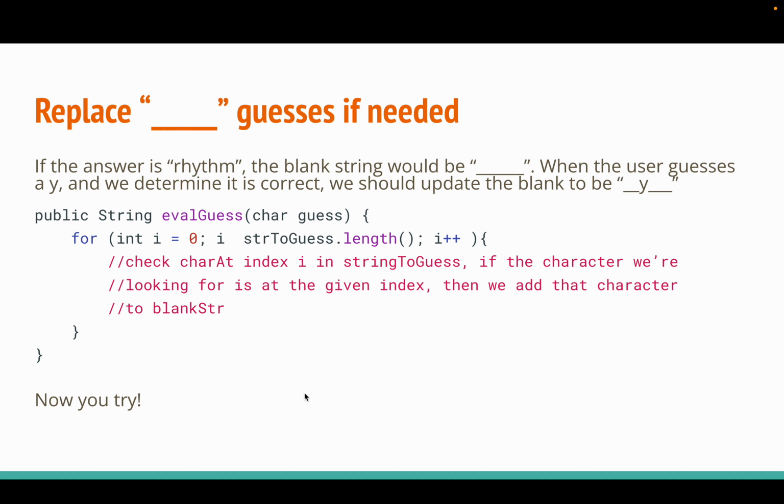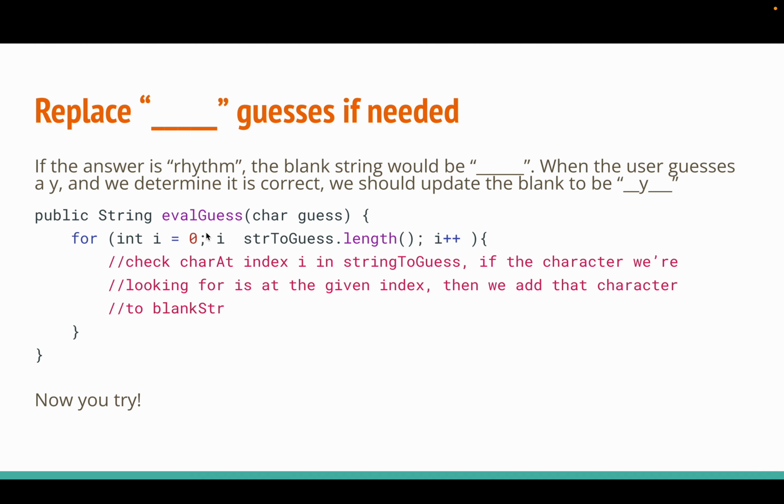Next, we're going to replace the underscores with guesses if needed. So if the answer is "rhythm," for example, the blank string would be this. When the user guesses a Y and we determine it is correct, we're going to update the blanks to be blank, Y, blank. So here's a template. Public String evalGuess of char guess.